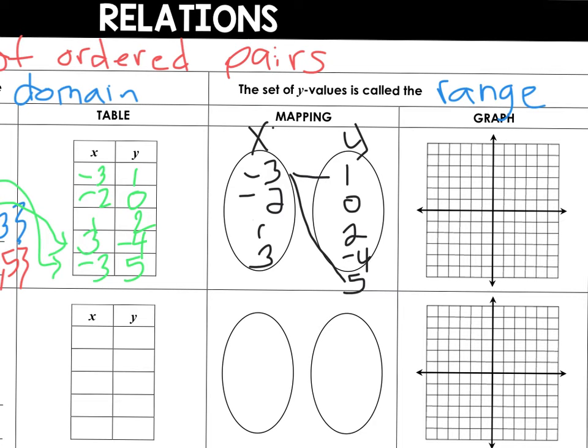Just to make this easy, I'm going to have different colored lines. -2 goes to 0, right? 1 goes to 2, and 3 goes to -4. So as you can see, we only have one value of x that corresponds to two values of y.